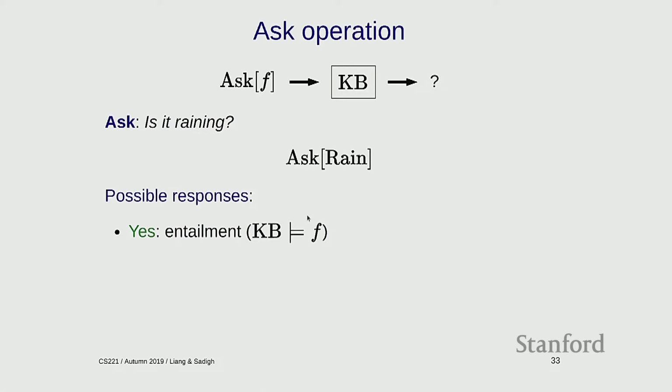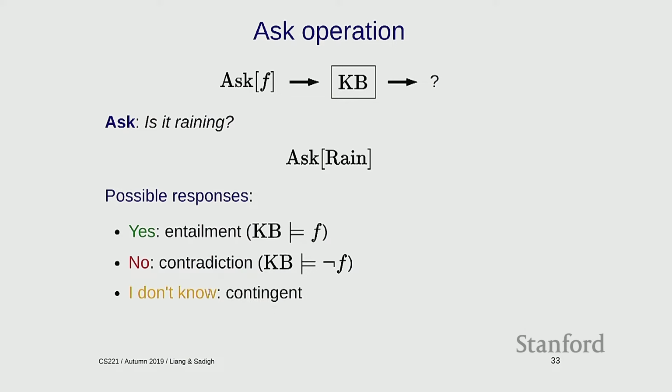This is a definitely yes. If it's a contradiction, then I say no. It's a strong no. It's impossible. And in the other case, it's just contingent, so you say, I don't know. So the answer to a yes or no question has three responses, not two.